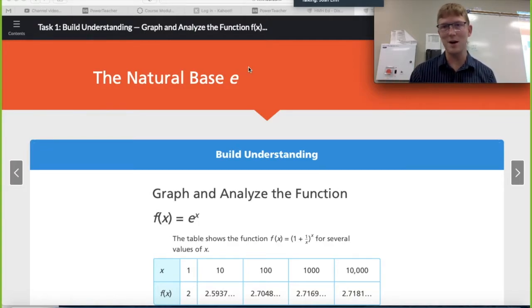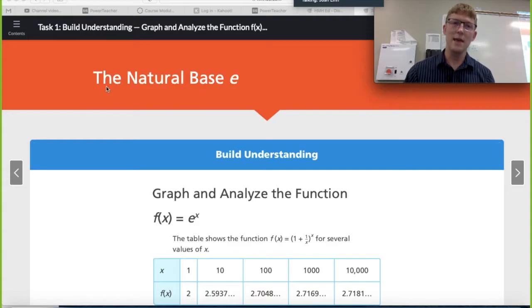In economics, like profit charts, things like that, e is used a lot. It's used in calculus, as well as a lot of the other physical sciences, so physics, chemistry a little bit. So again, it's a number that we came up with, but it's a really important number, and that's why we're going over it now.